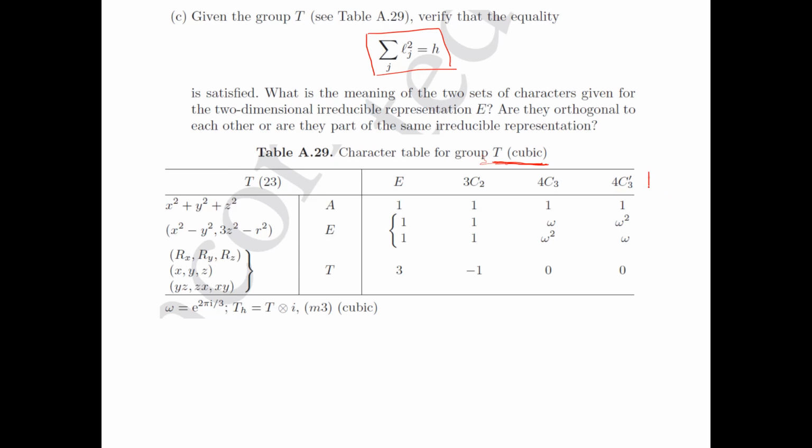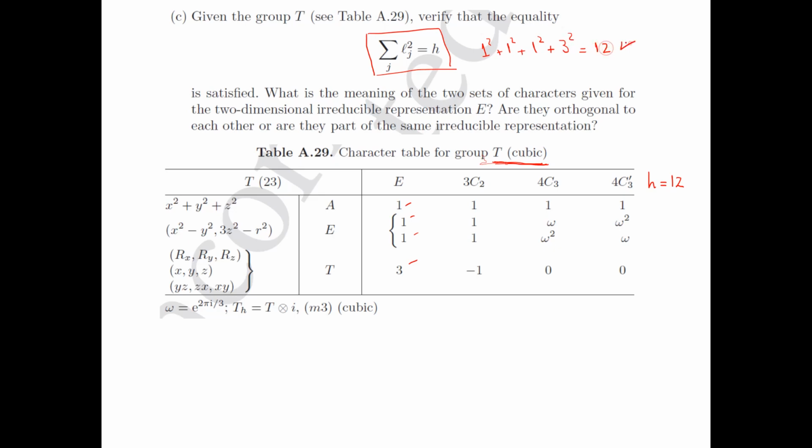So H is equal to 12 for the group T. And the dimensionalities of the different representations are 1, 1, 1, 3, meaning that I should show that 1 squared plus 1 squared plus 1 squared plus 3 squared is equal to 12, and that's precisely the case. 9 plus 3 is equal to 12.